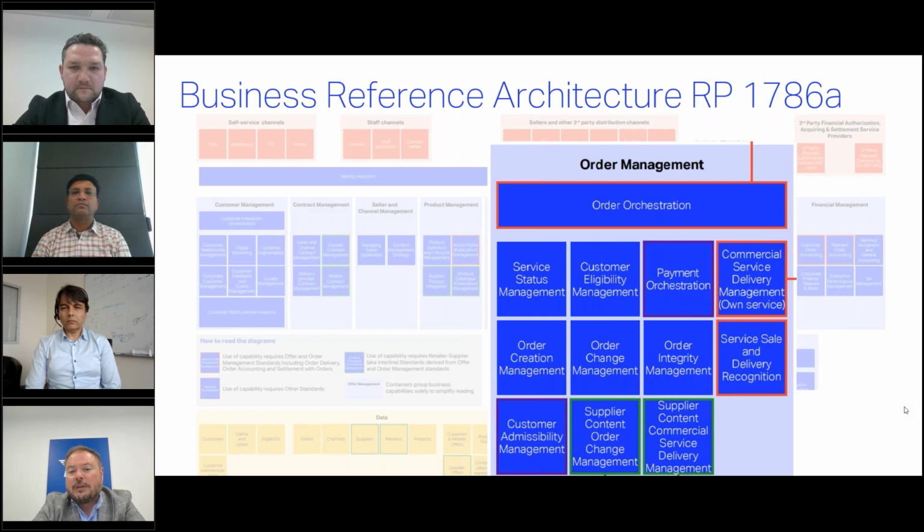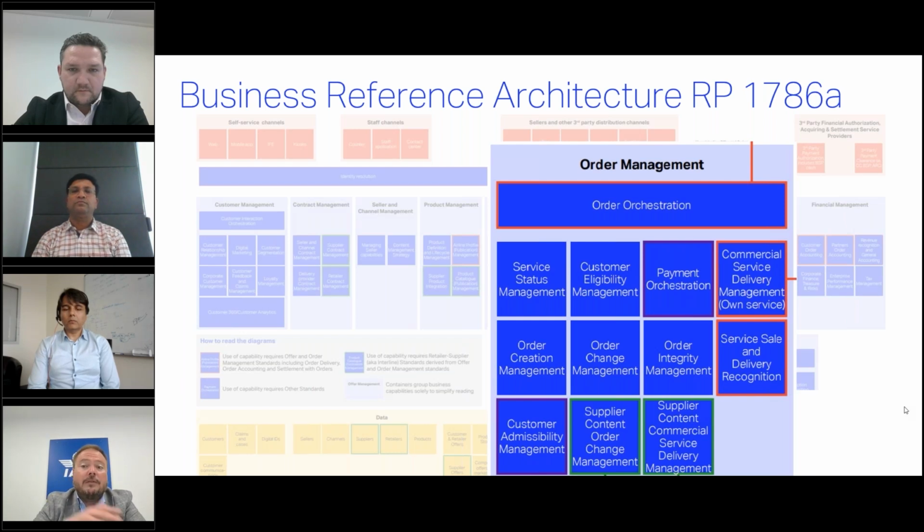Quite straightforward, I suppose, is payment orchestration, which clearly has to be in place in order to manage your order. And that ties in together with availability of commitment to pay, which has to be maintained as a capability within order management, to make sure that once there is a commitment to pay, it is maintained in good standing all the way through the order life cycle.